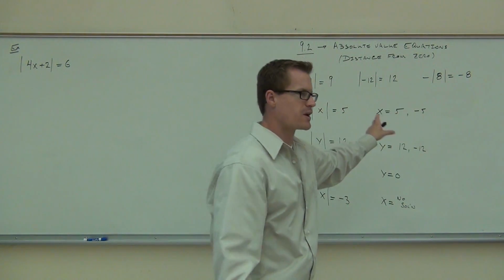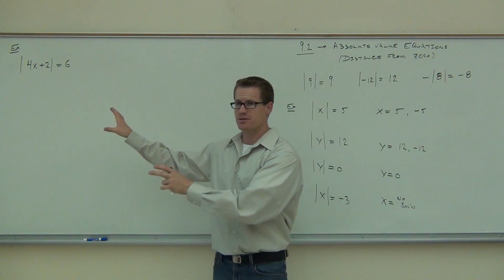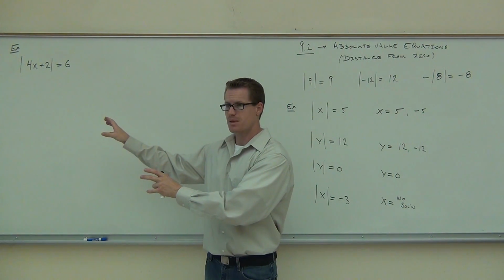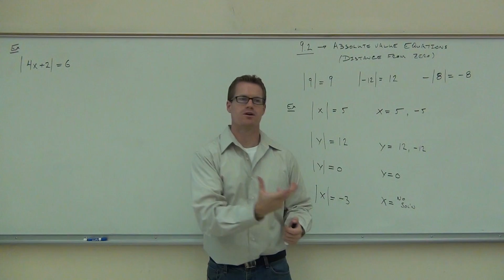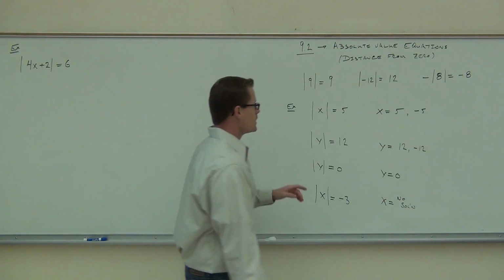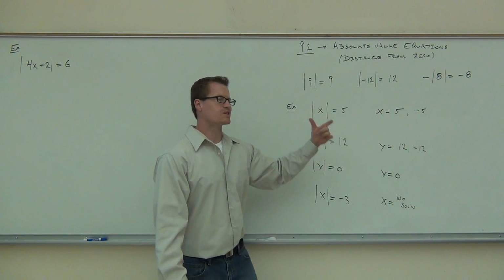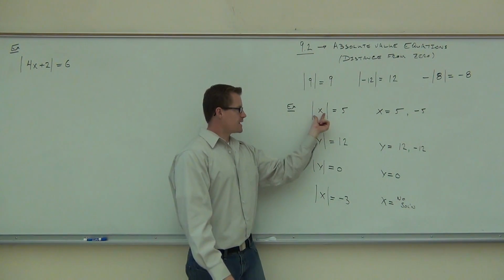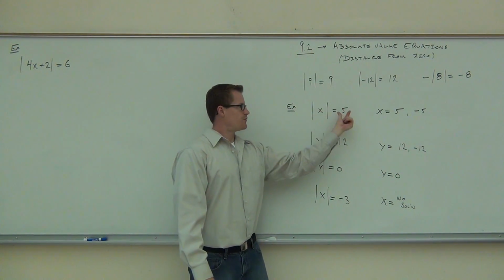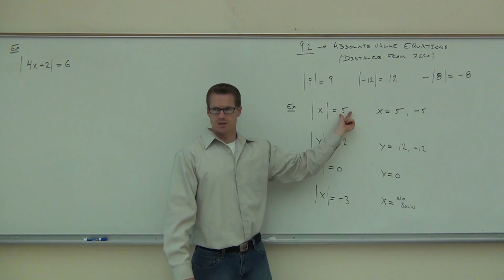Now we already learned from over here that probably this thing has 2 solutions to it. With me? Probably 2 solutions. But how in the world do we figure them out? Well, here's the deal. If we looked back over here, we knew the absolute value equaled 5. If the inside of this equals 5 itself, absolute value is not going to change that.